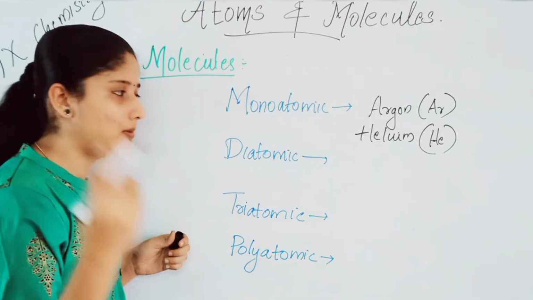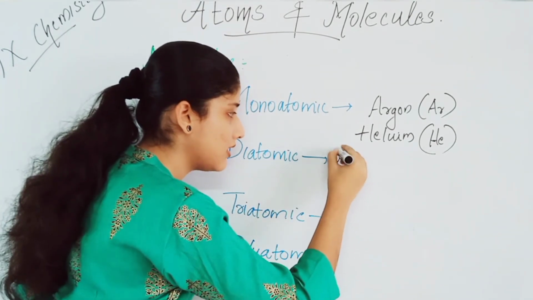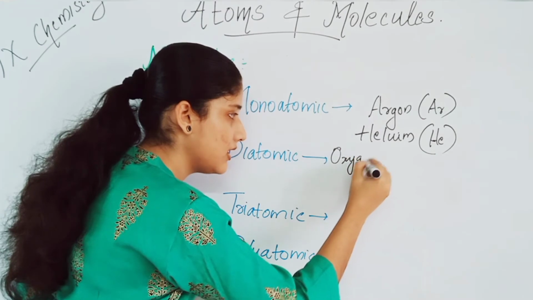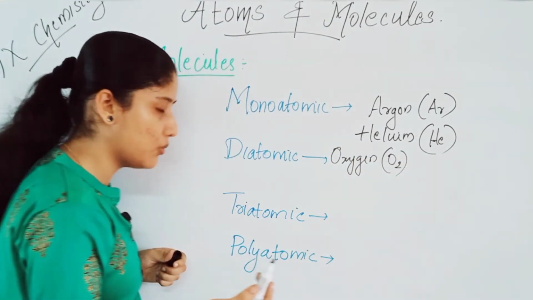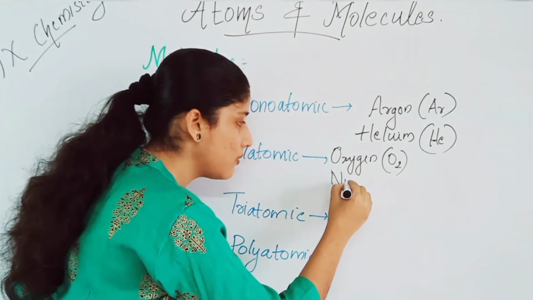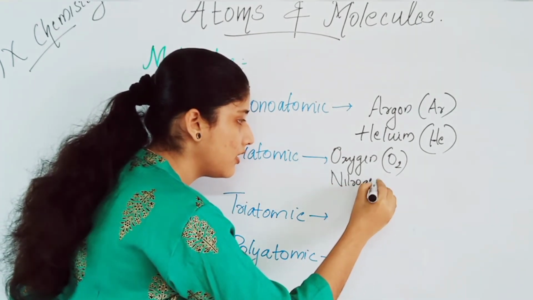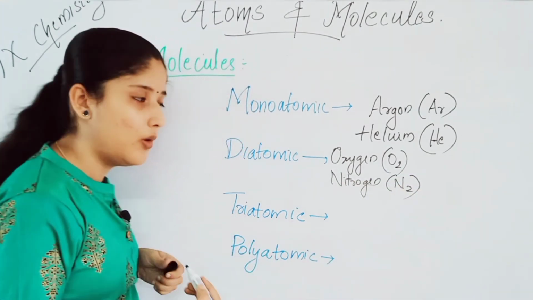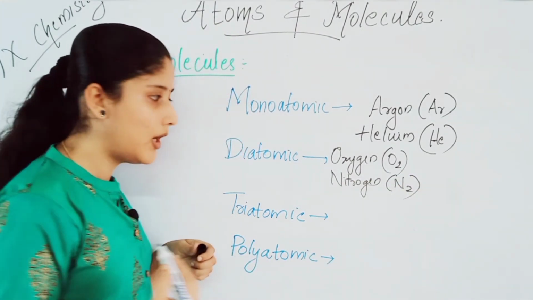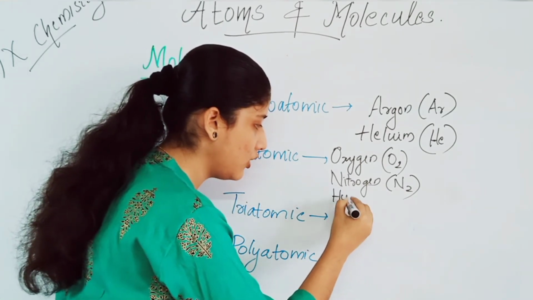Diatomic means two atoms combining, like oxygen. We already studied oxygen is what? O2. Oxygen molecule is O2. Similarly, nitrogen molecule is N2. Hydrogen is also diatomic, isn't it?